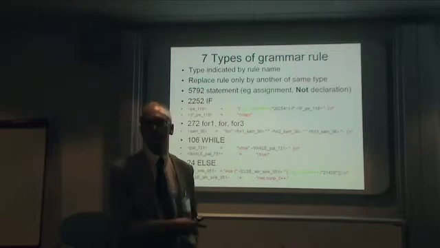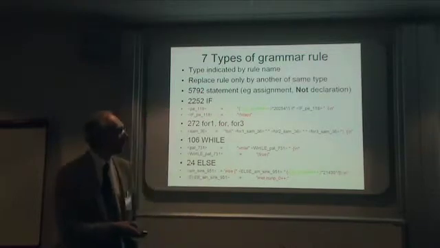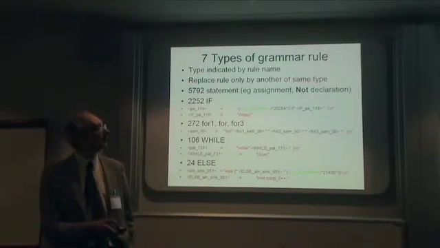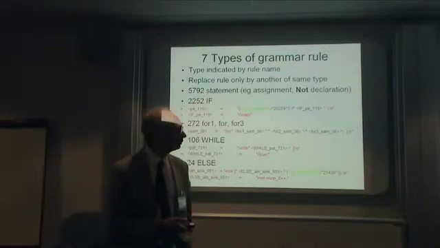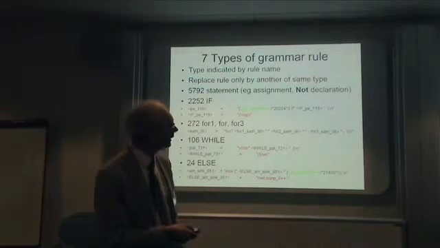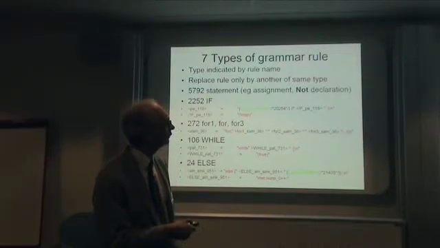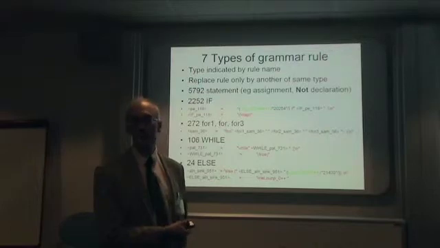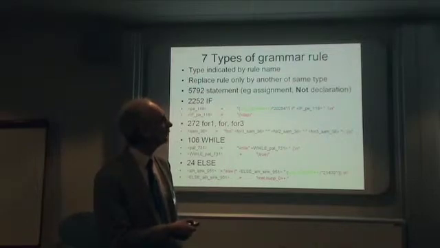So in addition to the straightforward assignments, the grammar recognizes if, for loops, whiles, and else. In the case of if, there are 2,000 if statements in Bowtie 2, which GP can manipulate. And so the idea is, again, the green is instrumentation.